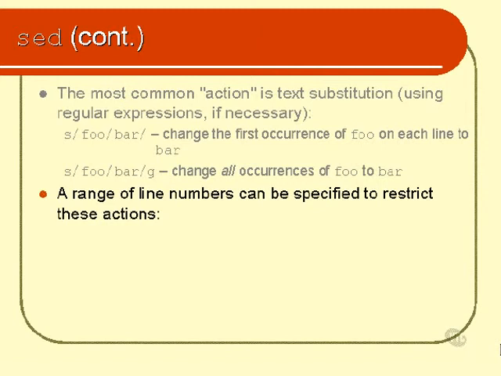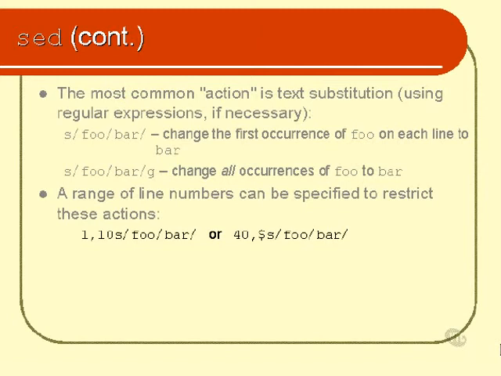It's possible to specify a range of line numbers to restrict the actions of the substitute or any action that you're specifying. You can say, well, I only want to perform the action on 1,10. You see the 1,10 there? That means on lines 1 to 10, they're the only lines that I wish to perform that substitute on. Or alternatively, you could say 40,$. Now the dollar actually means, in this case, the last line of input.